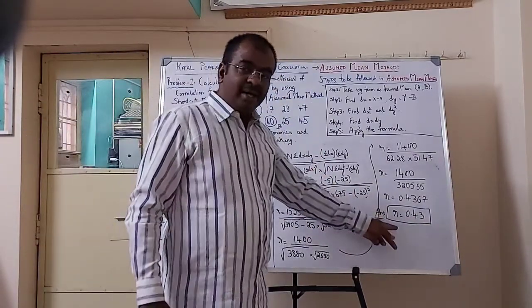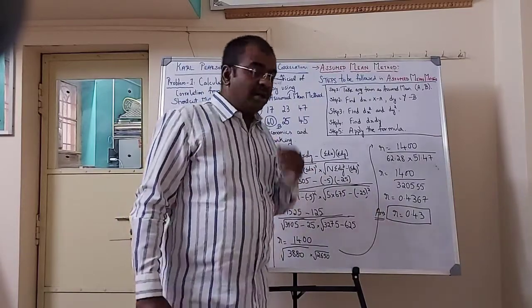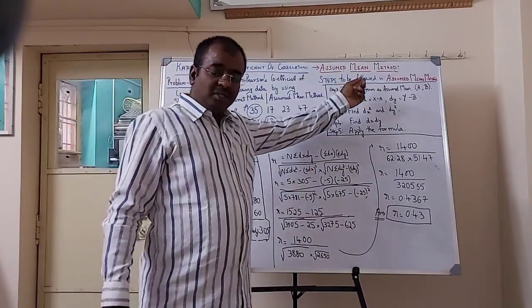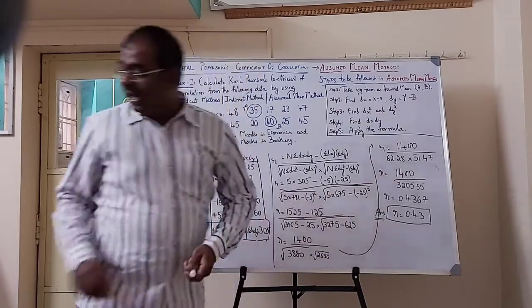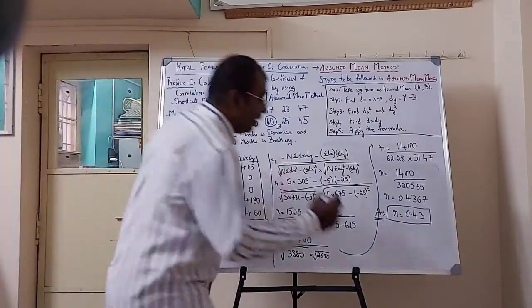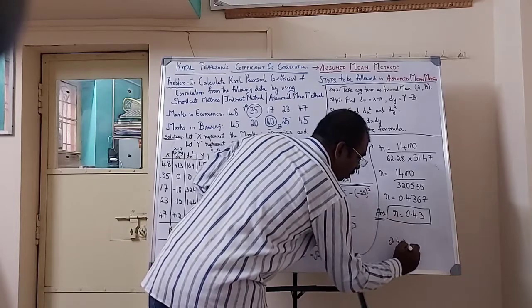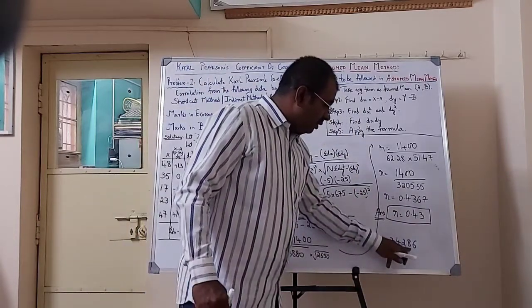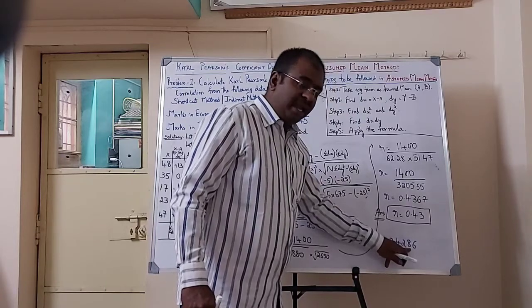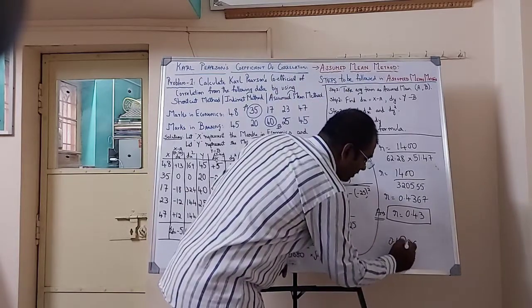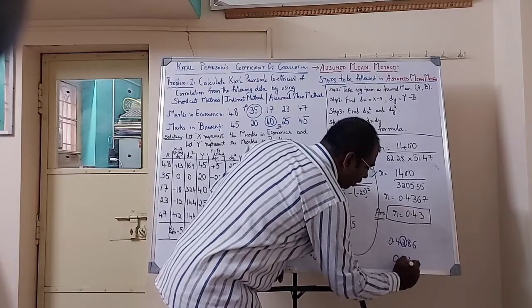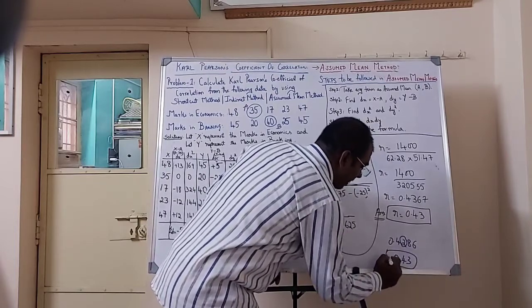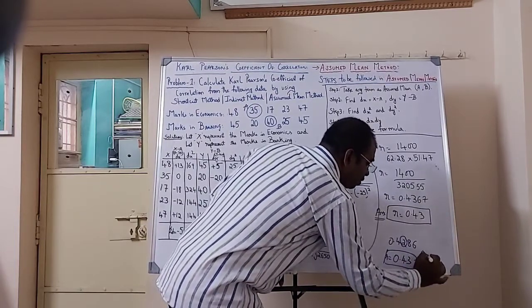Now, if you remember the direct mean method or the actual mean method when we solved, again we had the answer as 0.4286. The third decimal is 8, which is 5 and above. So we rounded off 0.42 to 0.43. That was the value of R in which method?